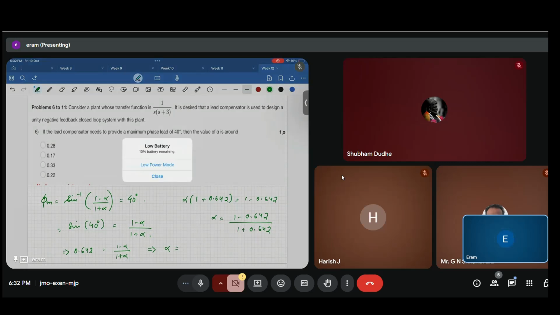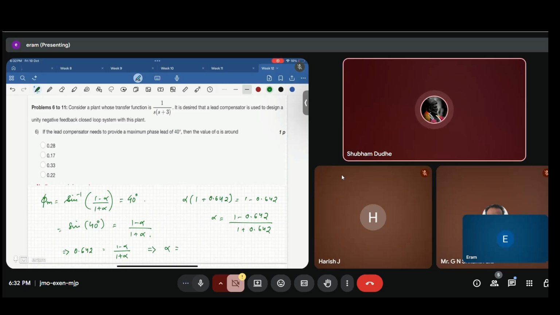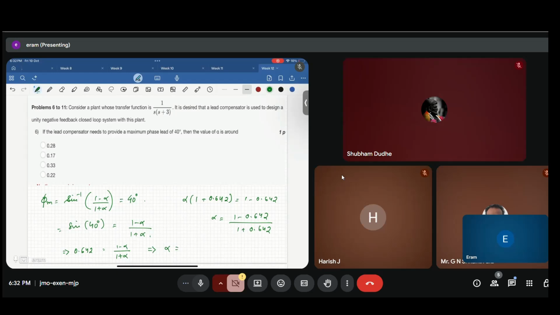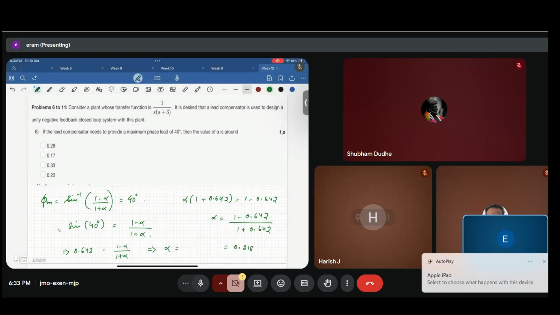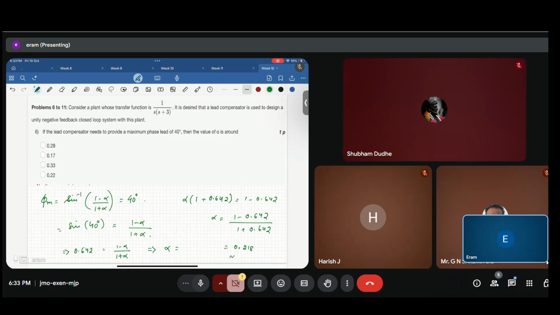How much is alpha coming? 0.218, which is almost equal to 0.22.